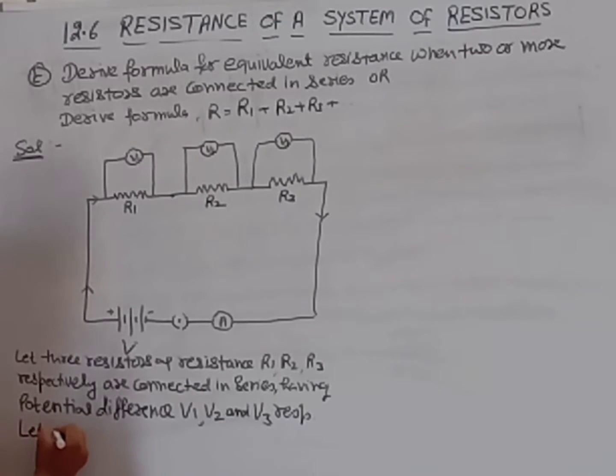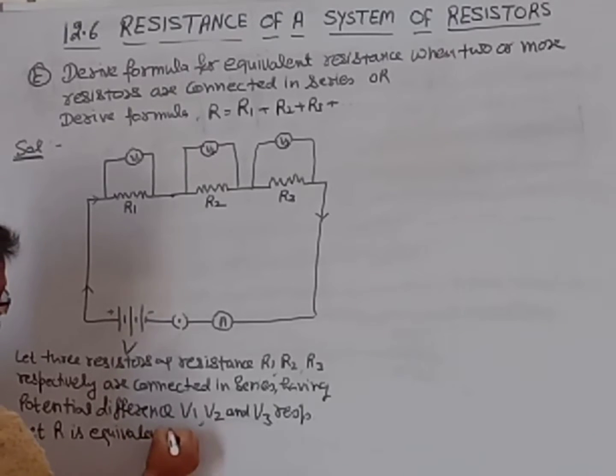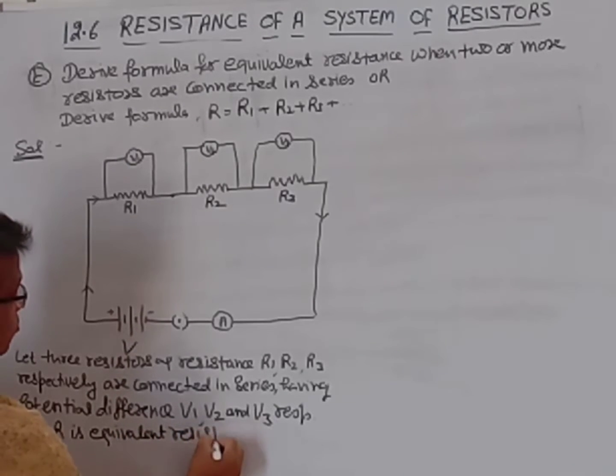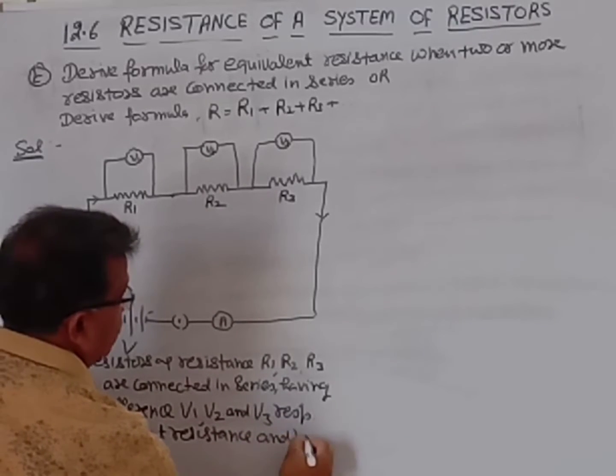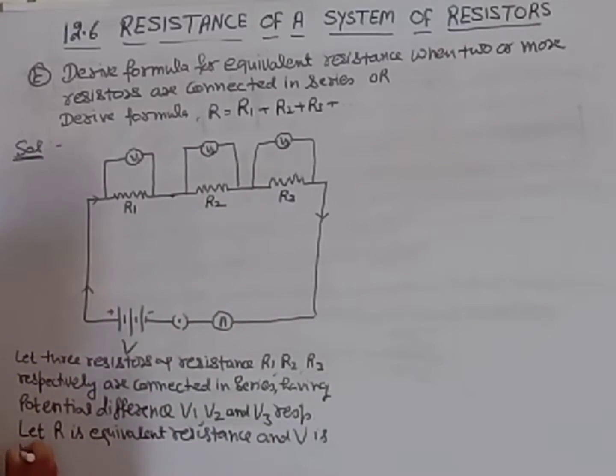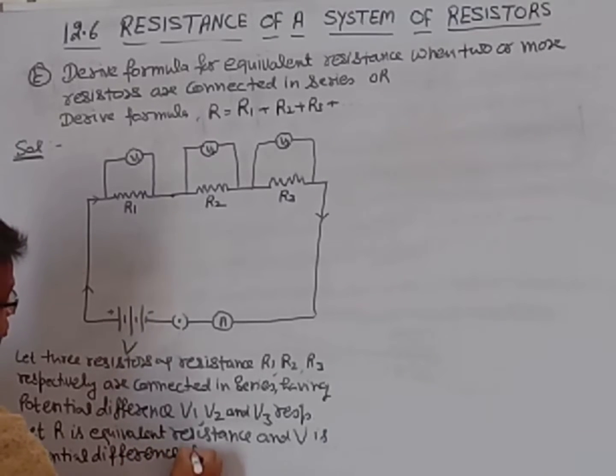Let R be the equivalent resistance and V be the potential difference of the whole circuit.